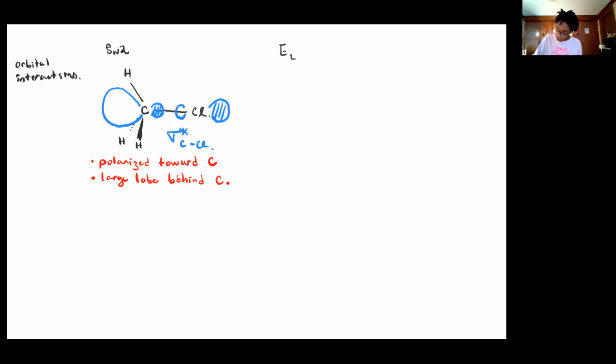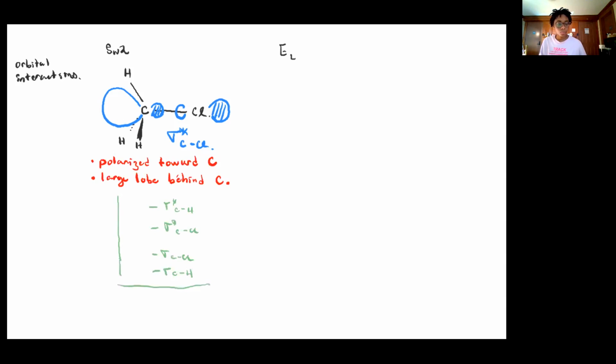And the reason is the sigma star is what we call the lowest unoccupied molecular orbital. So if I were to insert a little reaction energy diagram, we would have sigma star CH, sigma star CCl, sigma CCl, and then sigma CH, okay?